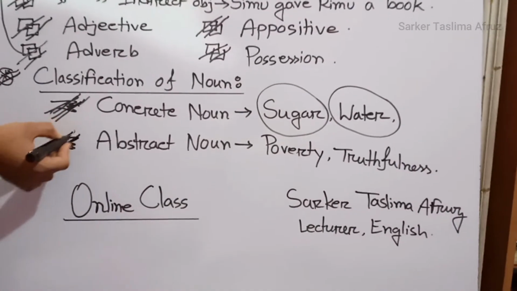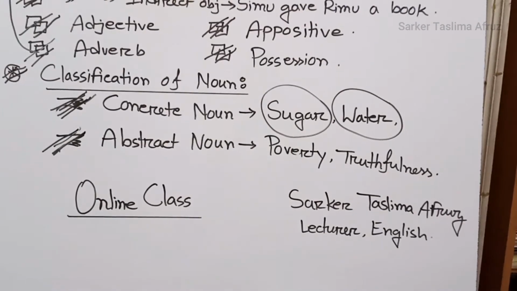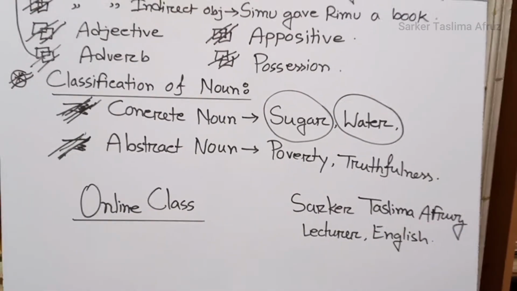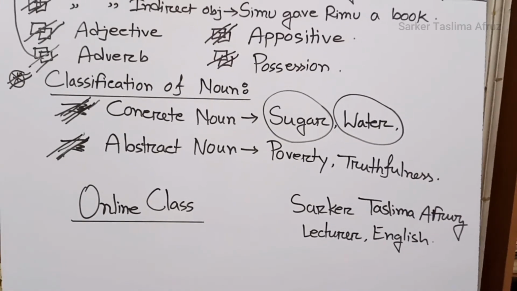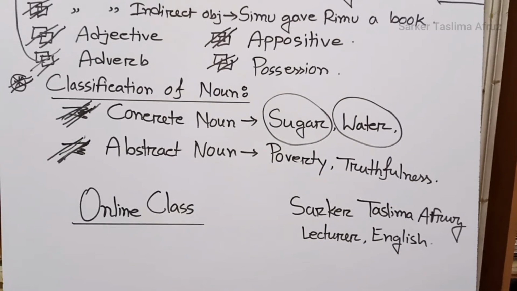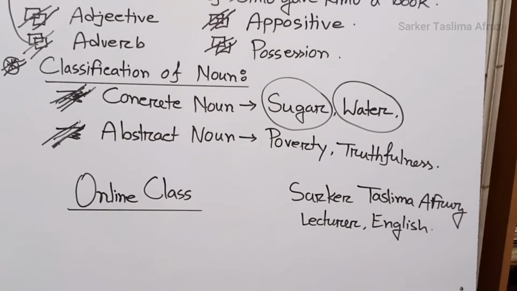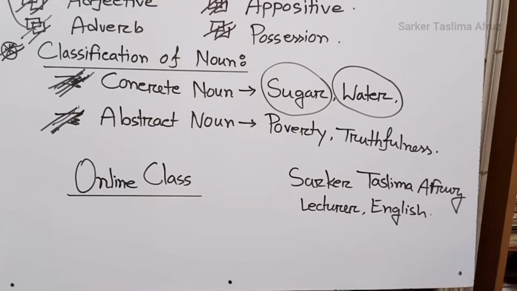Well, next one, abstract noun. It's the opposite of concrete noun. That means abstract noun is usually the name of a quality, action, state, or concept.